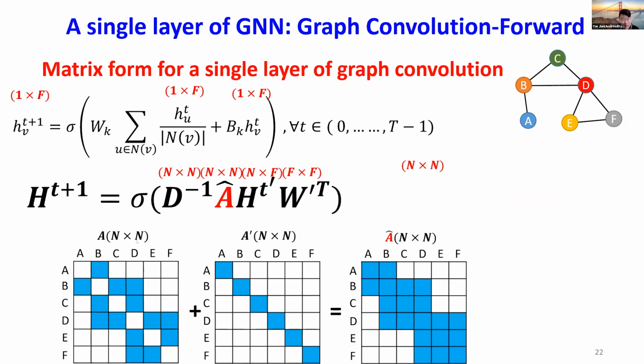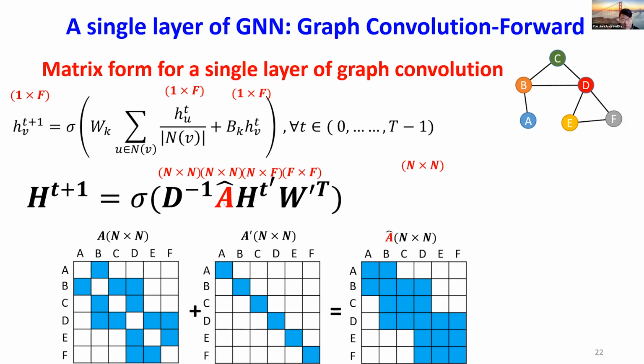The adjacency matrices are different due to the operation we are interested in. For the neighbor feature aggregation, the adjacency matrix shows the connectivity of one node with all of its neighbors. And for the self loops, the adjacency matrix only contains the connectivity of every node with itself. So if we sum up these two adjacency matrices, it becomes a new adjacency matrix which represents every edge of this graph, as well as the self loops of each node.